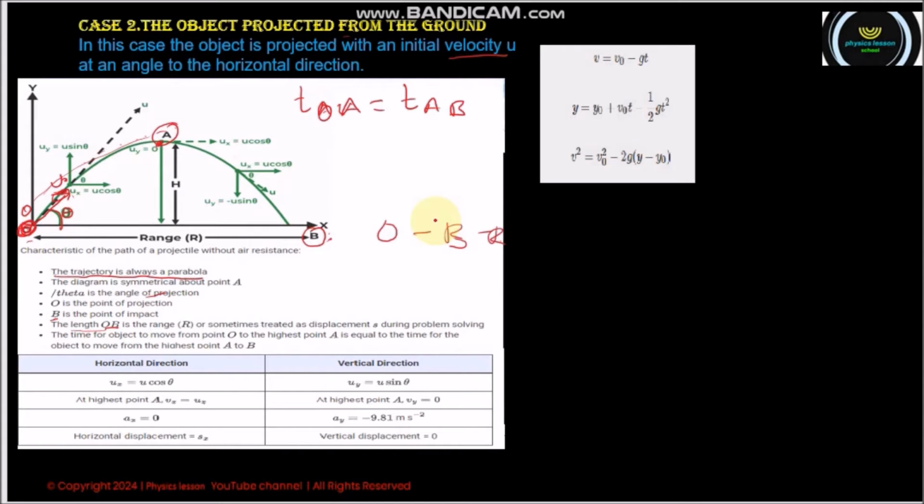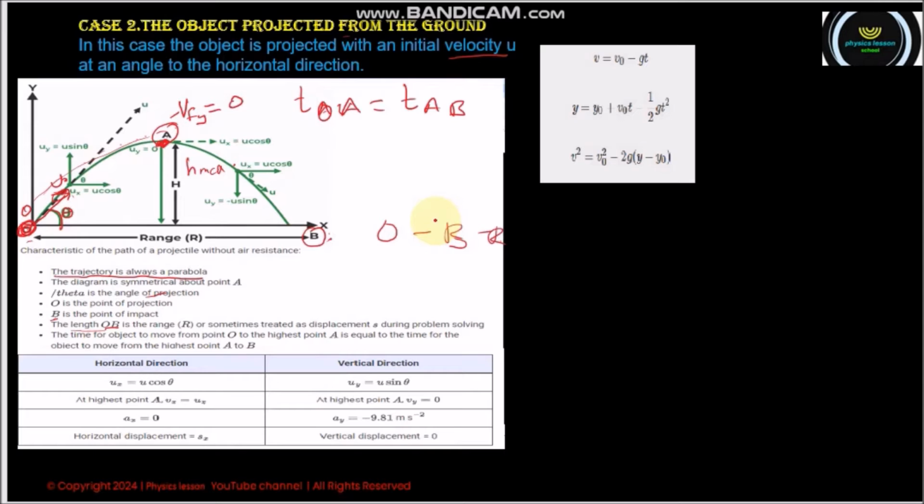At point A we have the maximum height, H maximum. At point A again, our final velocity across y is equal to 0.